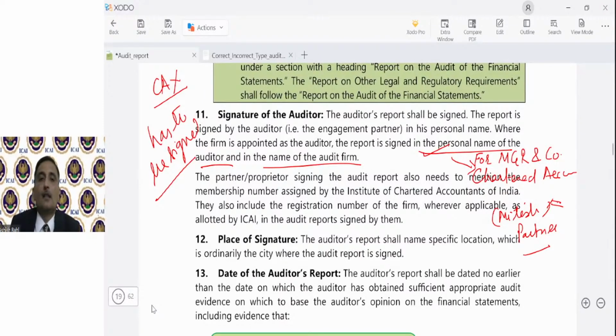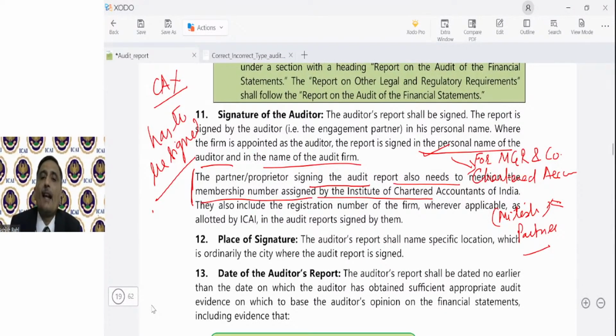And the partner signing the report needs to mention membership number. What is his membership number? When you qualify as a chartered accountant, when you clear your final exams, then you will apply to ICAI for enrollment as member, and you will be given a unique membership number, and then you would have to state your membership number.